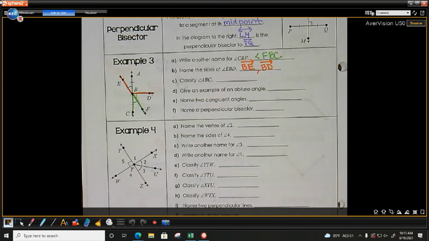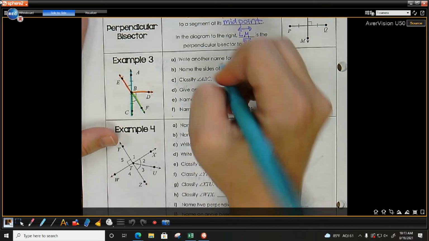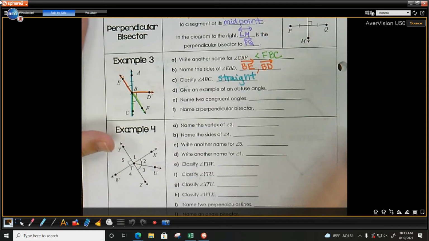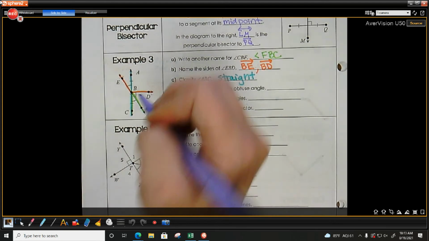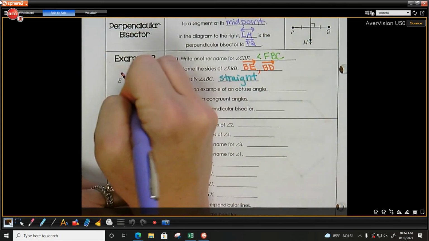Okay, then we are going to classify angle ABC. Angle ABC is a straight angle. Give an example of an obtuse angle. Angle DBE. Is that larger than 90 degrees? Yep.